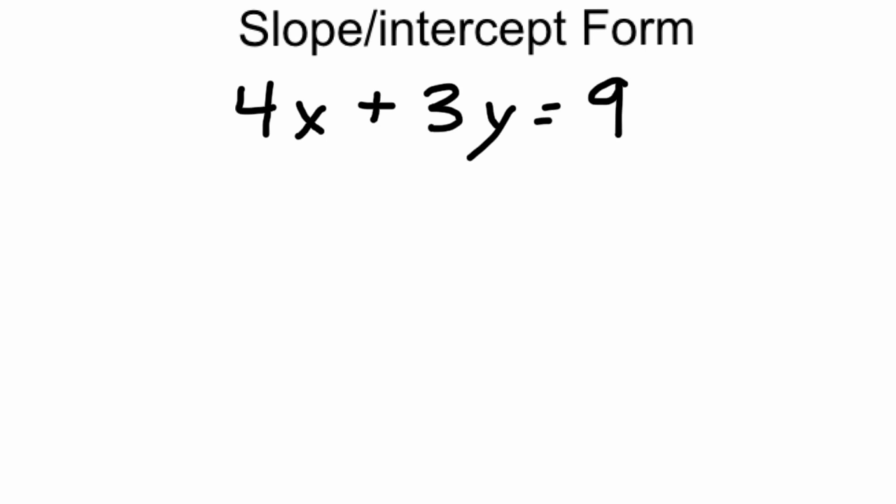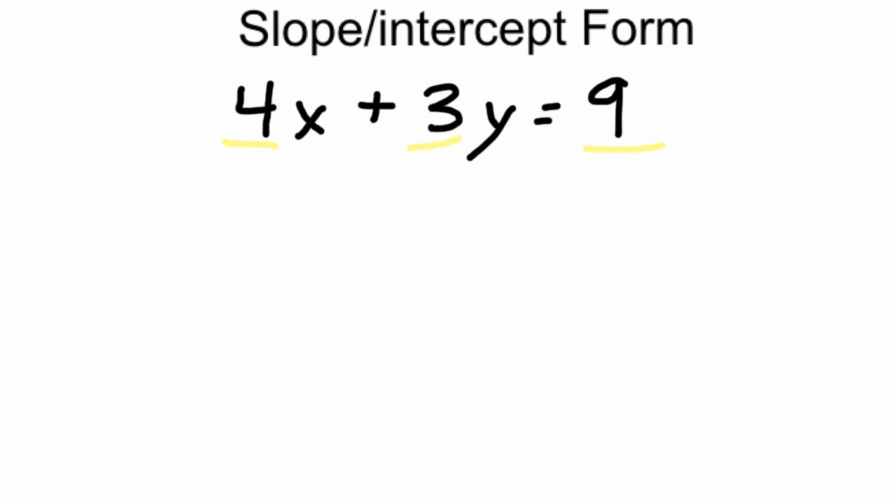So in this one, the 9 is the c, the 3 is the b, and the 4 is the a. So a, b, and c are just all numbers, or constants. And to put it into slope-intercept form, we would want it all in the y equals form. So it's going to look different, and I'm going to show you how to do that.